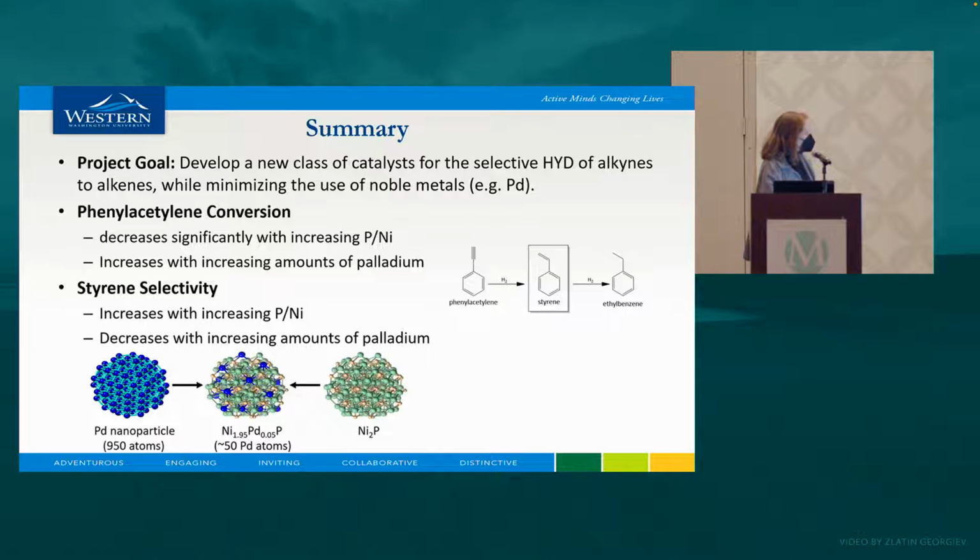Here we can see a palladium nanoparticle that is more used in industry. They use about 950 palladium atoms, while some of the ones that we're currently investigating would only use about 50. That's a big reduction in those expensive noble metals.